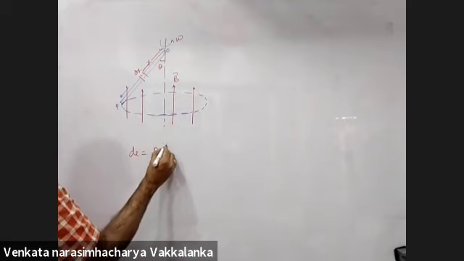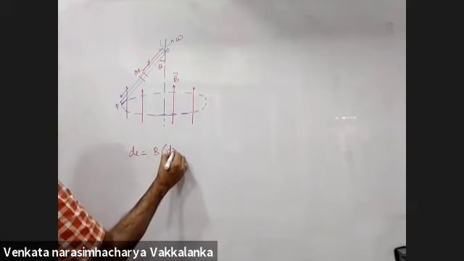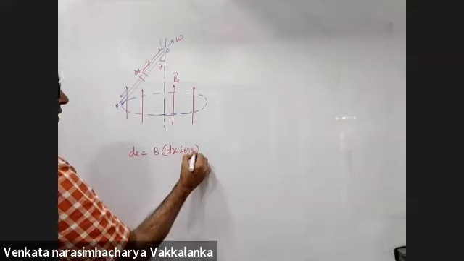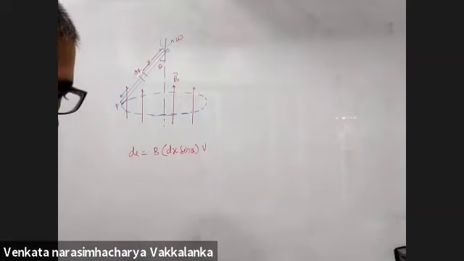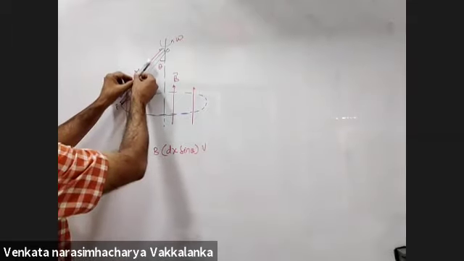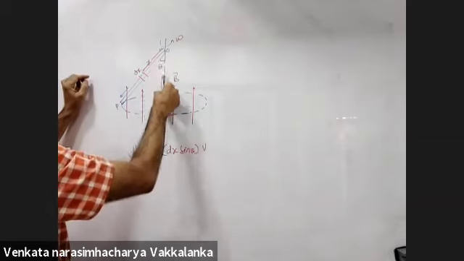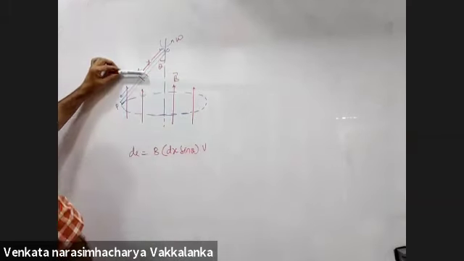dE equals B, dx sine theta, V. If this was dx, dx cos theta will be parallel to B, dx sine theta will be perpendicular to B. Do you agree with that?